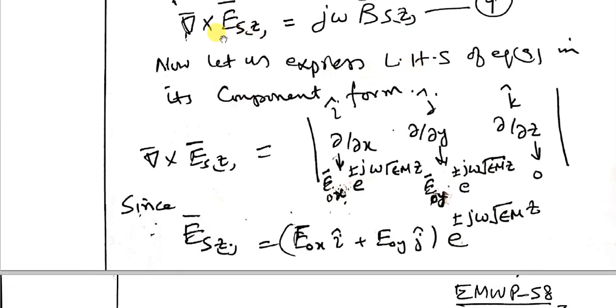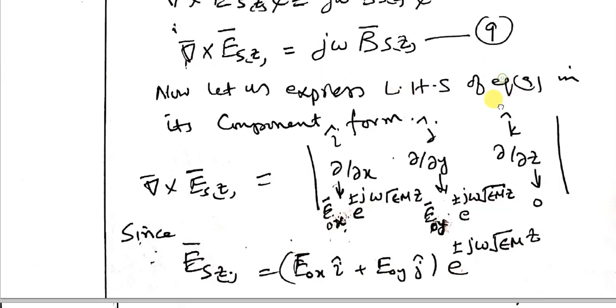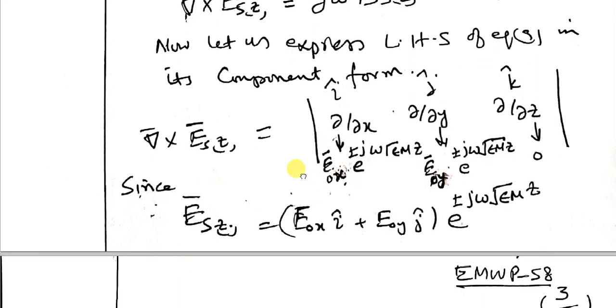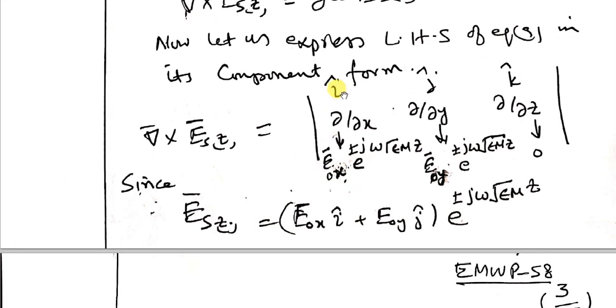Now let us express the left hand side of equation 9 in its component form. In the determinant form with i, j, k, we take the matrix curl of E S, where del is delta by delta x, delta by delta y, delta by delta z.